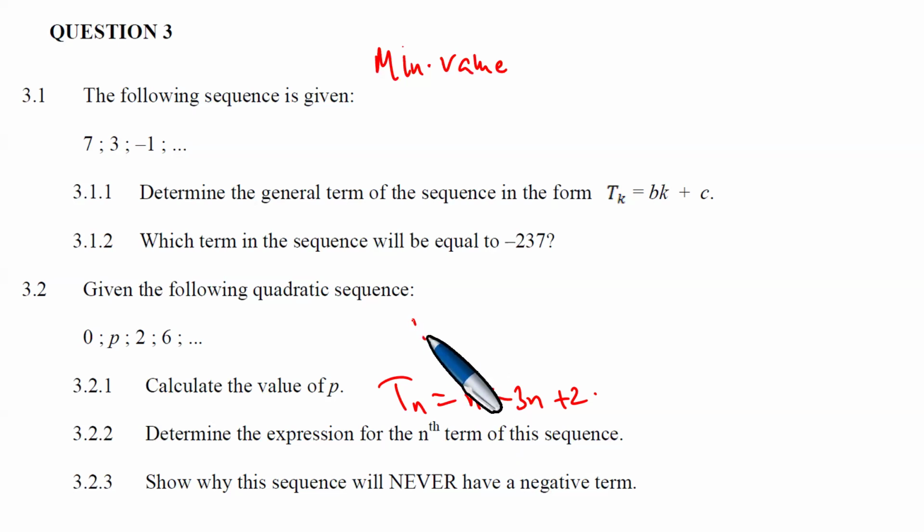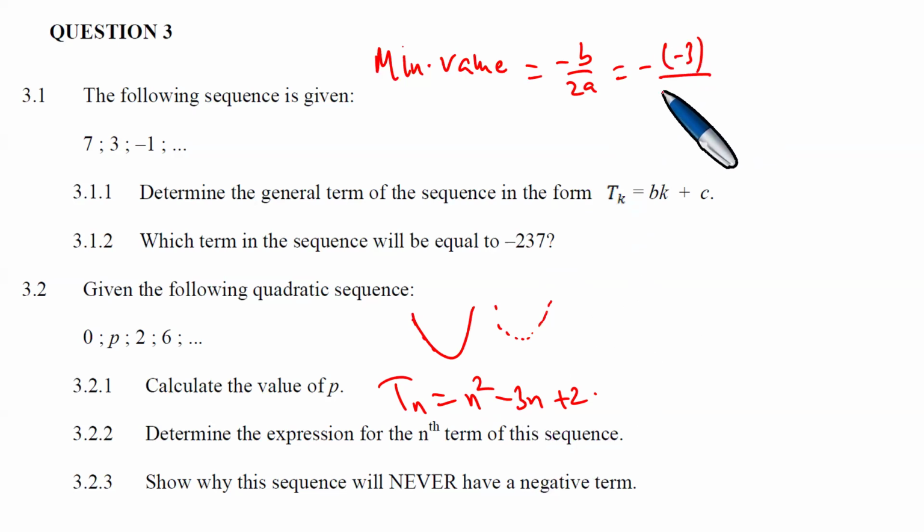The minimum value is minus b over twice a, which is minus minus 3 over twice 1, giving us 3 over 2, which is 1 remainder 1/2.